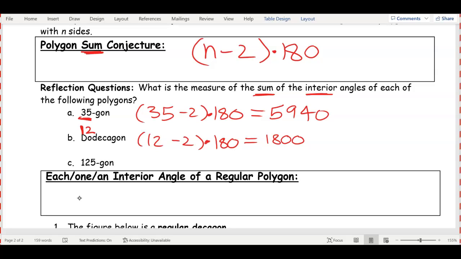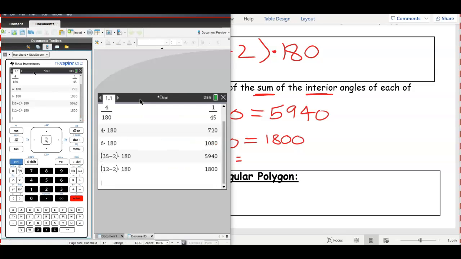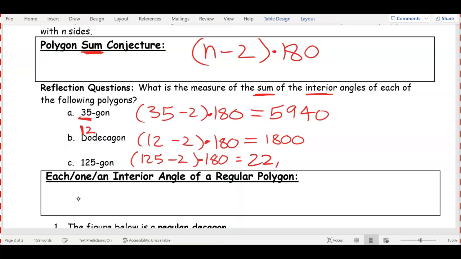Cool. Okay, next one. 125-gon. Plug it in. 125 minus 2 times 180. 22,140. And these are all degrees.